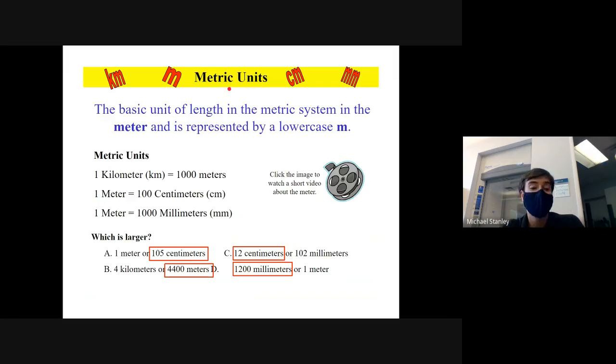In the metric system, it's all based on tens, hundreds, and thousands. So for example, a kilometer, also represented by km, if you took 1,000 meter sticks and laid them end to end all in a line, you would get 1 kilometer.